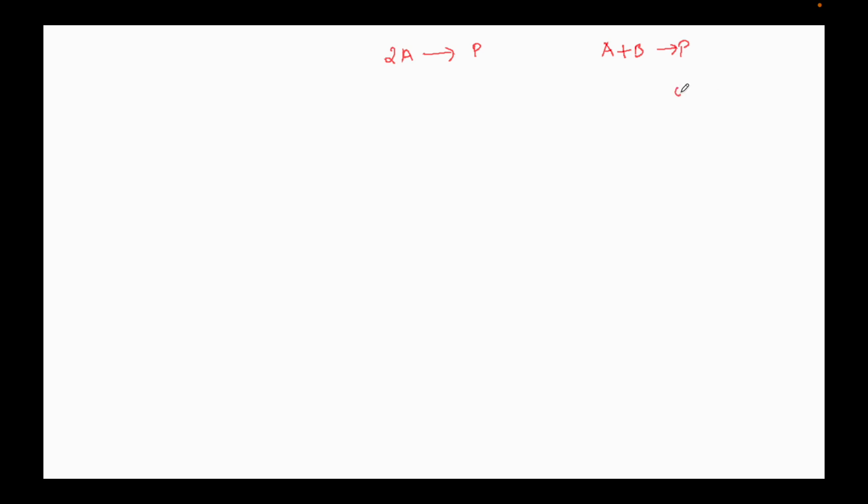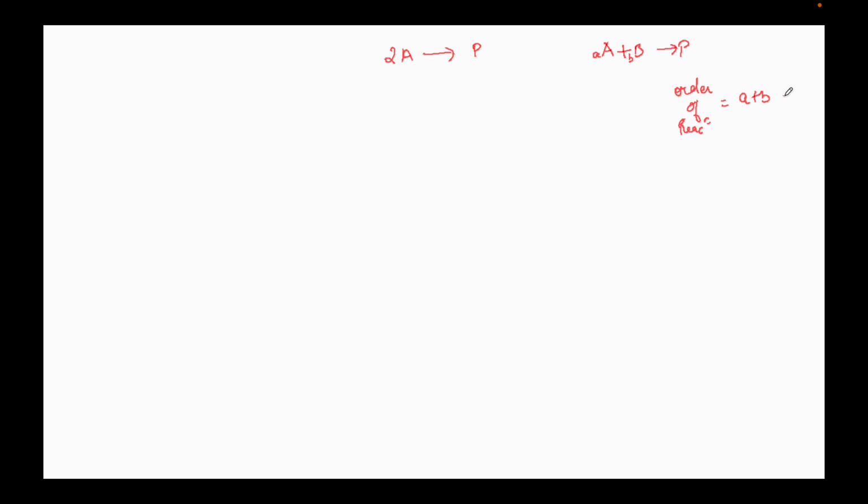The formula for the order of reaction is very simple. The order of reaction is nothing but the number of reactants involved, so here it will be A and B, and the order will be A plus B. Here we have only one reactant, so the order is 2.